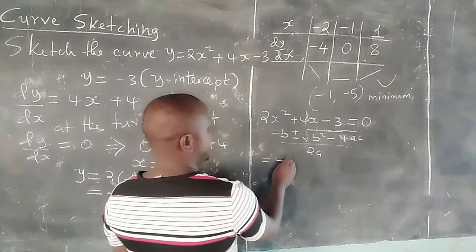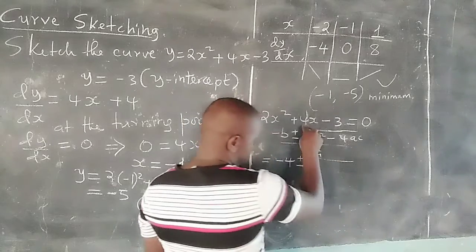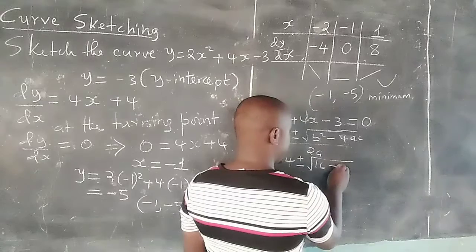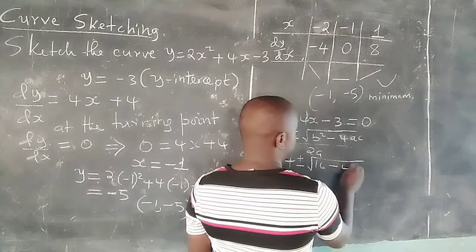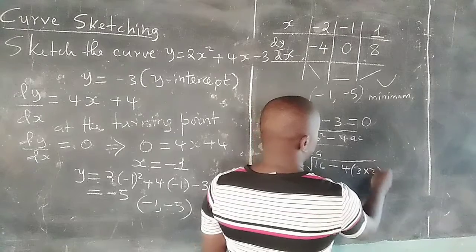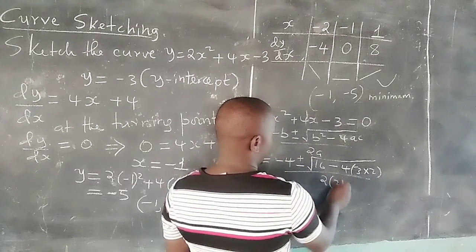So this will be negative 4 plus or minus the square root of 4 squared, 16, minus 4 times negative 3 times 2, divided by 2 times 2.